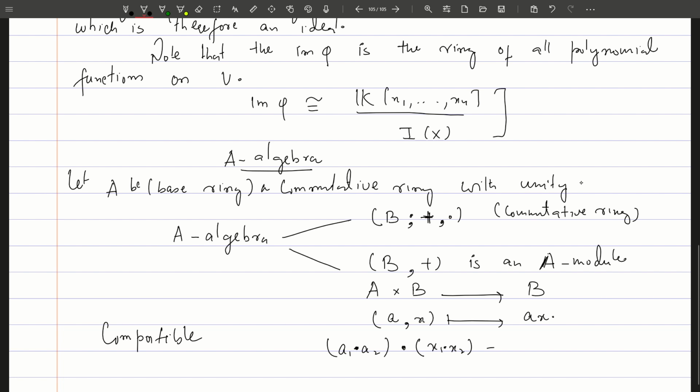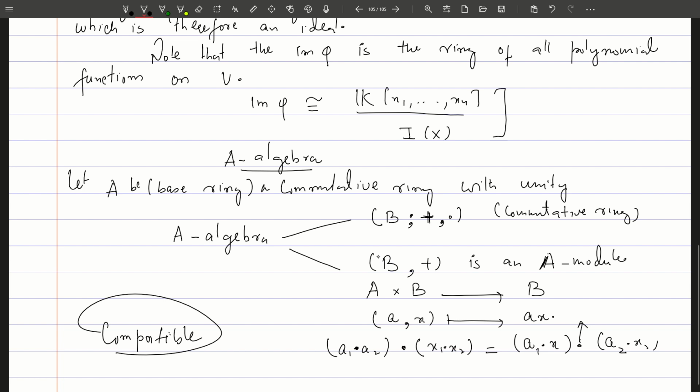So this must be equal to the scalar multiplication of a1 with x1 multiplied by the scalar multiplication of a2 with x2. Now this multiplication takes place in the ring B. So these two operations should be compatible.